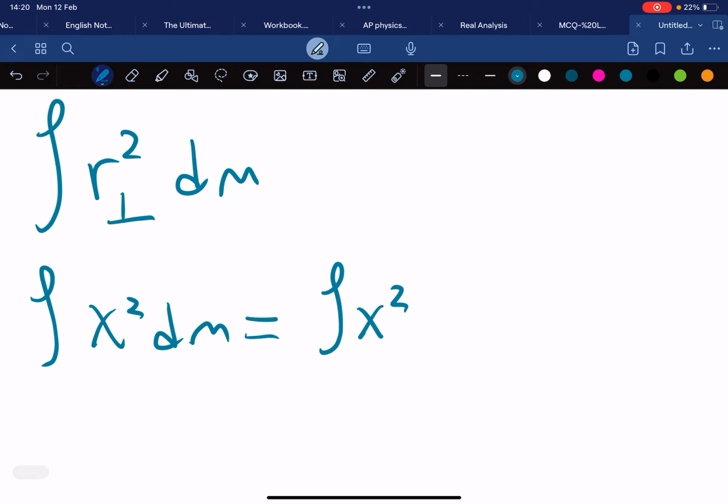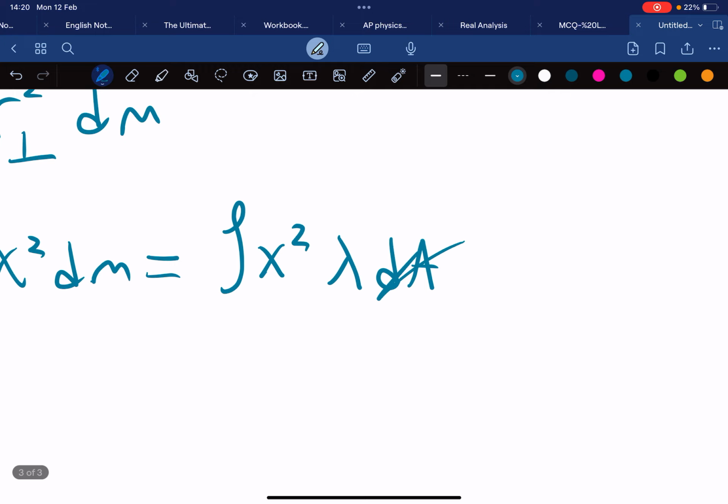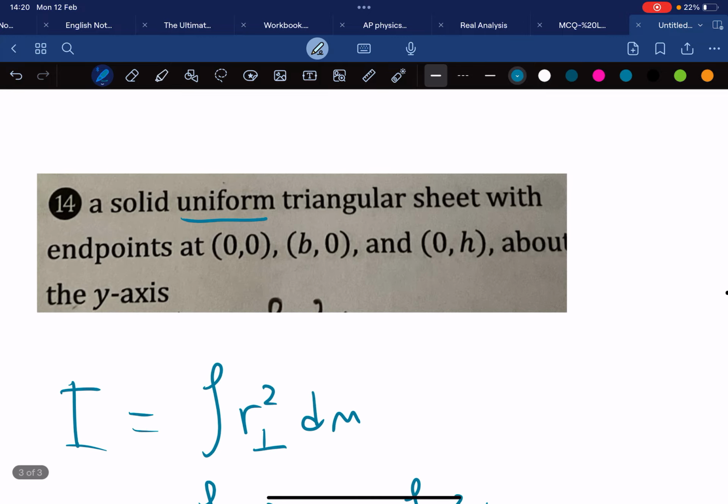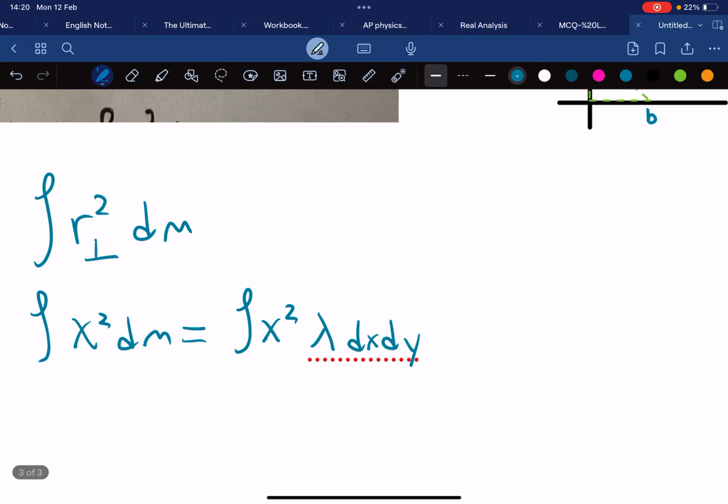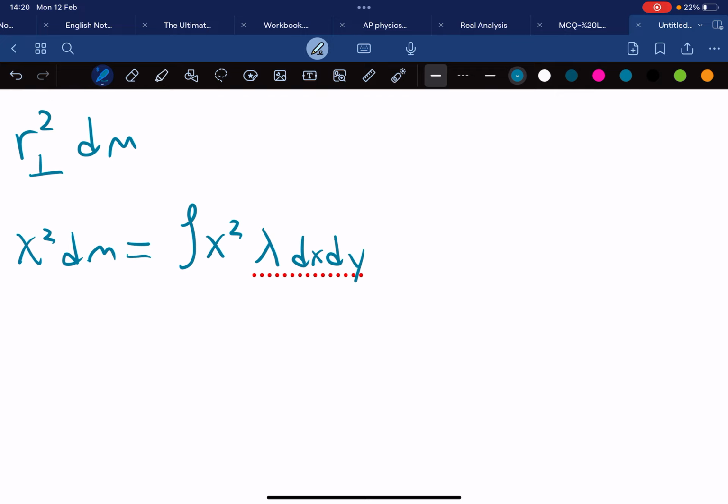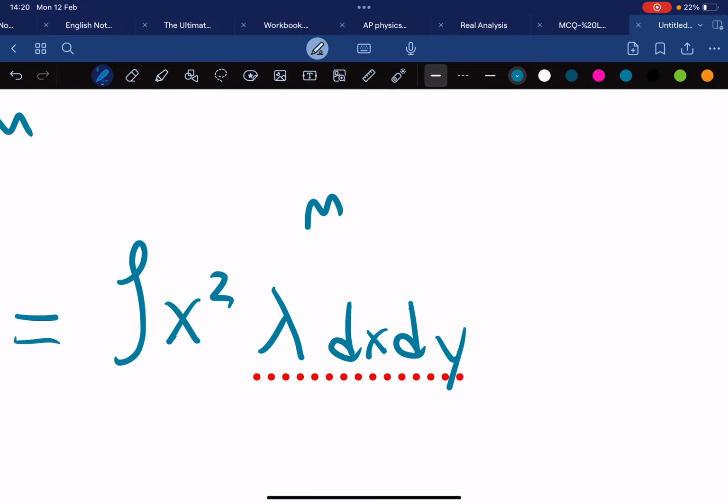That's just what dm is. Let's call the density lambda, and dA right here is just going to be dx dy. So what is this lambda? Since it says uniform density, it's just going to be mass over area.